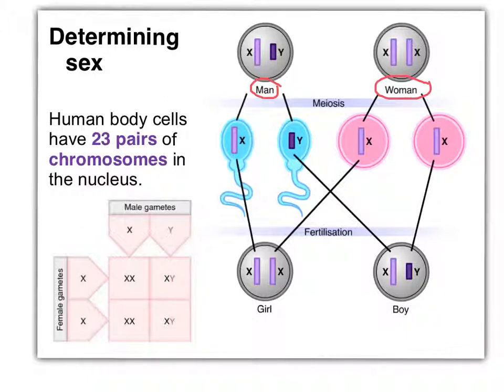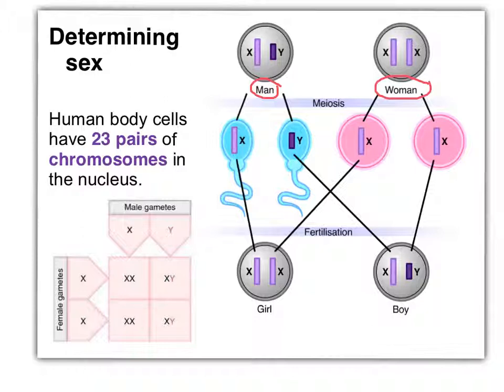Now, during meiosis, the sex cells are formed, and one of each of the chromosomes goes in to form the gametes. And it's random as to which chromosomes go from the body cells end up in the gametes.